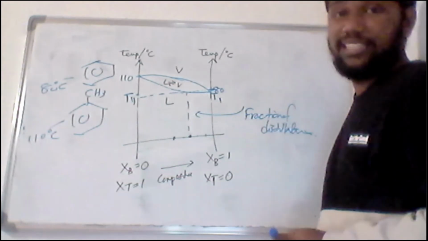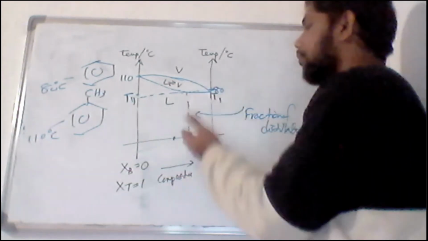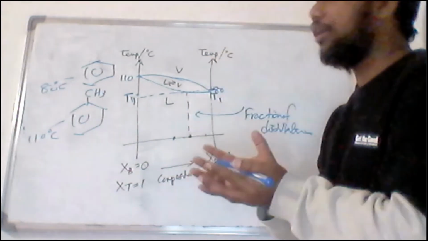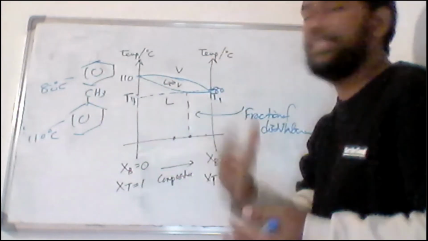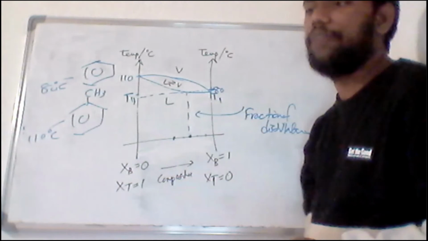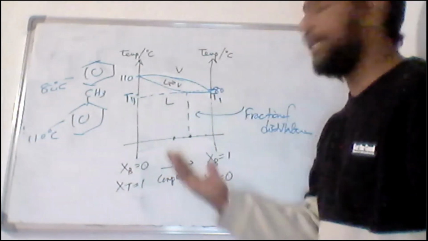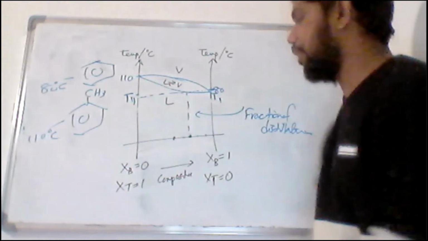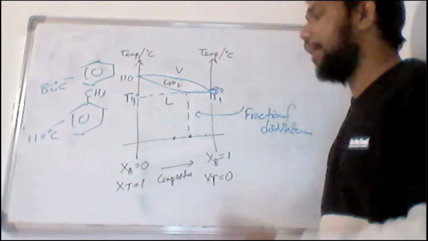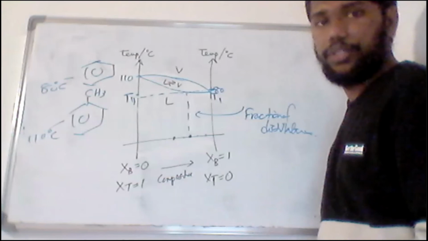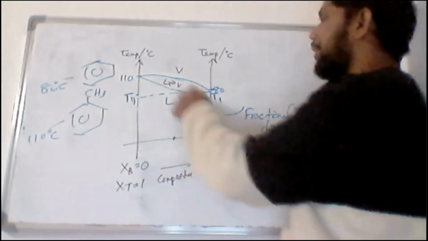But again, these are theory. When you have a mixture of two compounds with different boiling points, you can do fractional distillation and separate one compound. They are doing this for a mixture where you have 30% of benzene and 70% of toluene. What you normally do is heat the mixture.